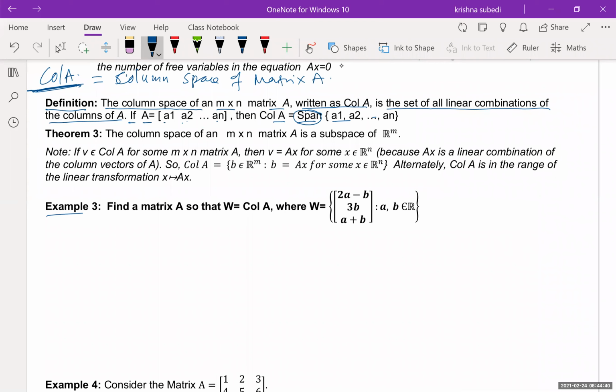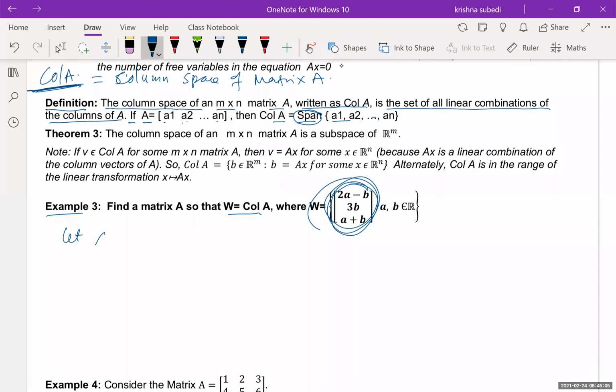Now let's look at example 3. Find a matrix A so that W is in the column space of A, where W is given here. What we need to do is find the vectors that created this space W. That's all we need to find.